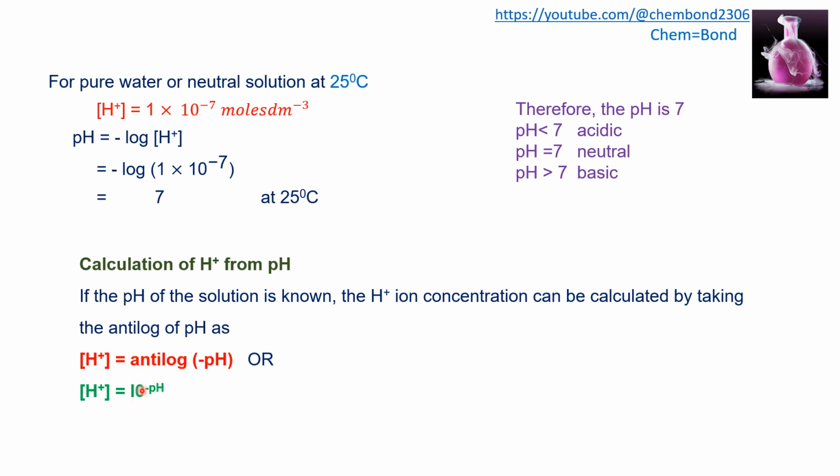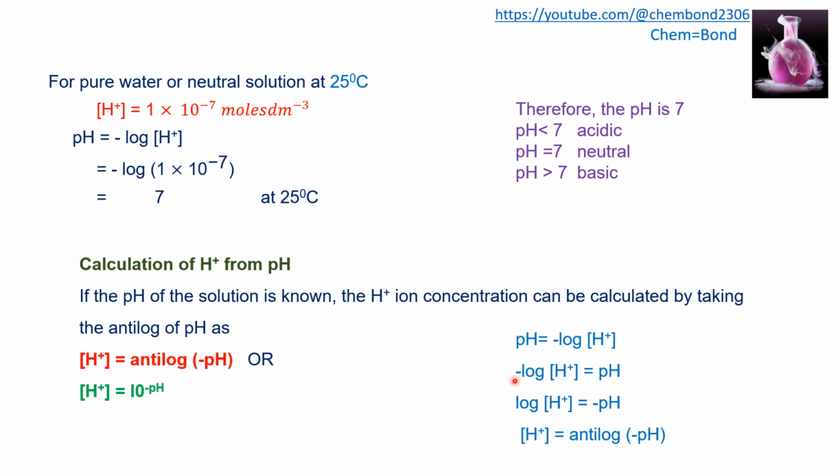Now how is this formula evolved? pH is equal to minus log of hydrogen ion. Both are the same formula, but for convenience we have shifted the minus log before and the pH after it. So minus log of hydrogen ion is equal to pH. Multiply both sides by minus, so the minus will shift to the other side.